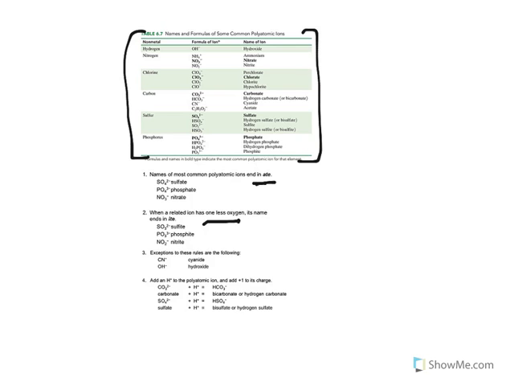Phosphate has a PO4 formula with a charge of -3. Phosphite has 3 oxygens instead of 4, PO3, with the same -3 charge. Nitrate has the formula NO3 and a -1 charge. Nitrite has the formula NO2 with the same -1 charge.